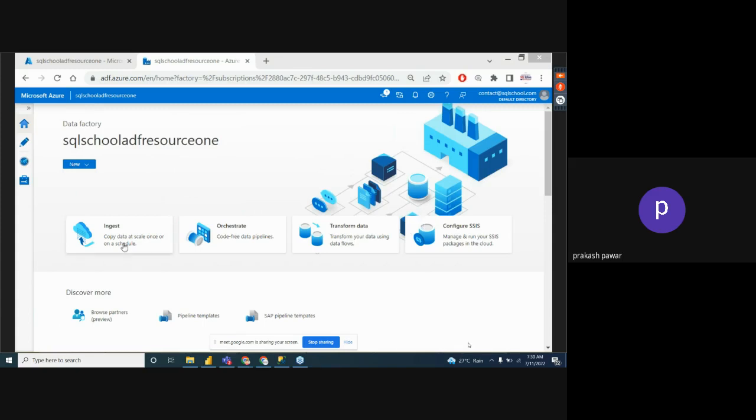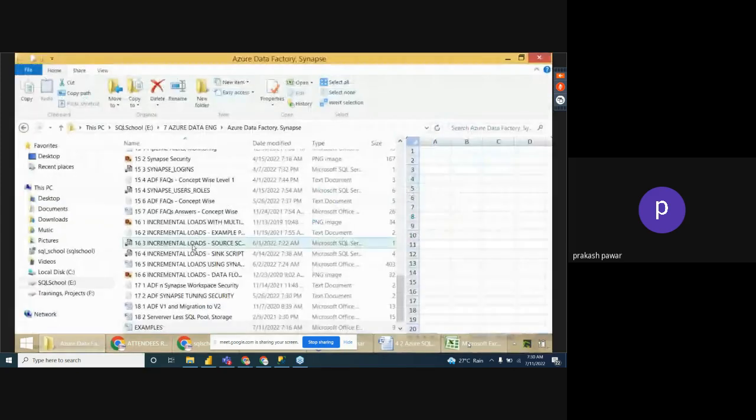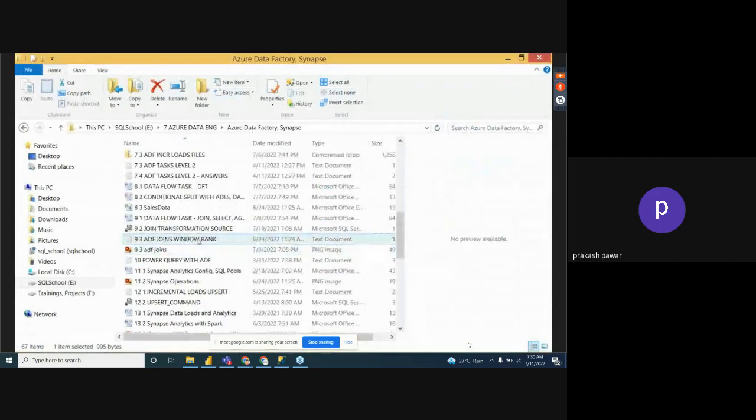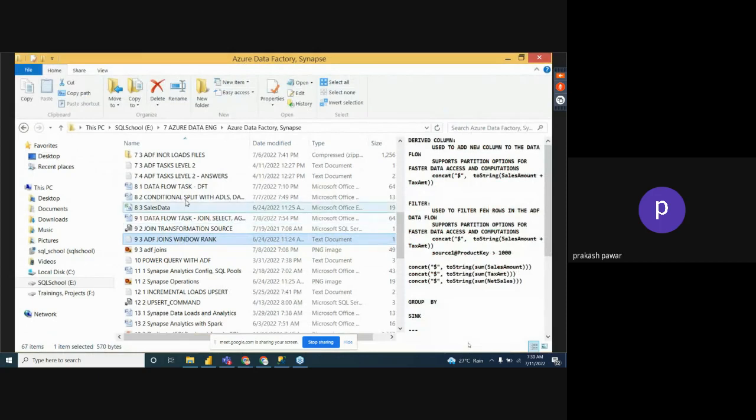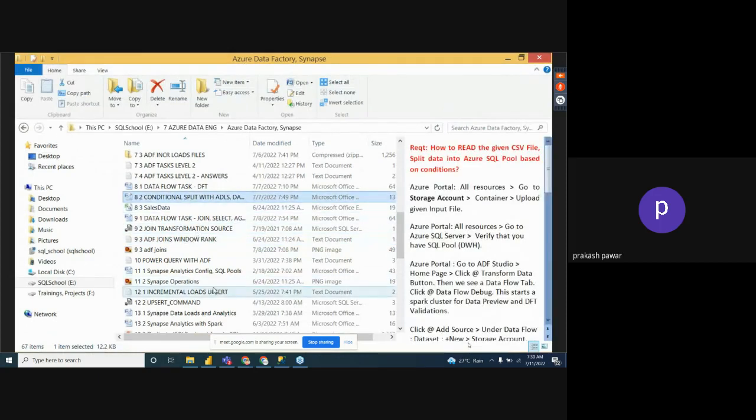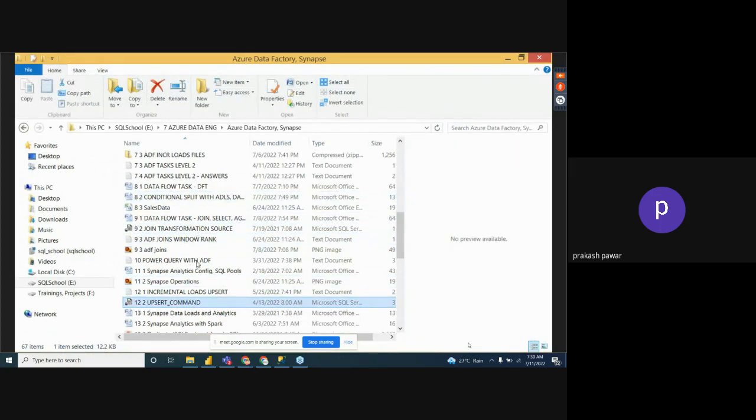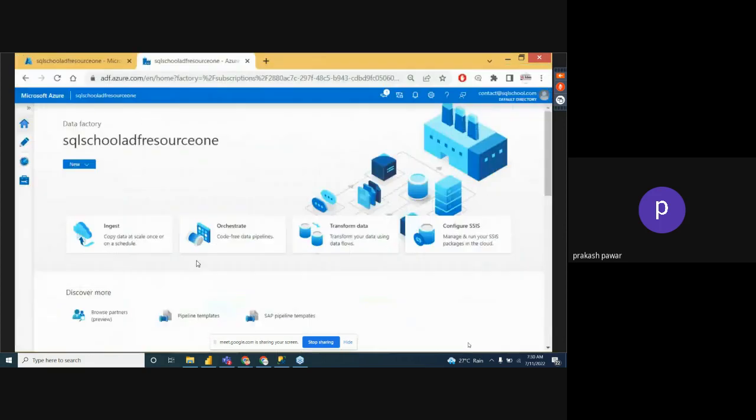Then what about transformation? I said only three transformations there. What about other transformations? In our next classes, we need to understand joins, rank, conditional split, pivot, and other transformations. For that we have transform.